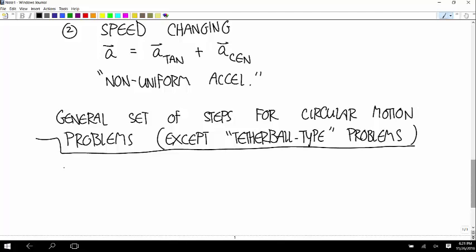Okay, so the first step is choose a view where the circular path appears as a circle. You can see the circular shape. And when I say a view, what we're really doing is choosing where our coordinate system lies. Does our coordinate system tilt up like this or lie flat?